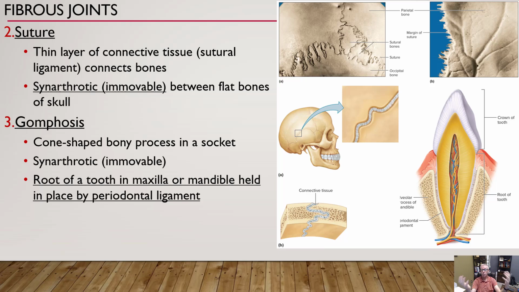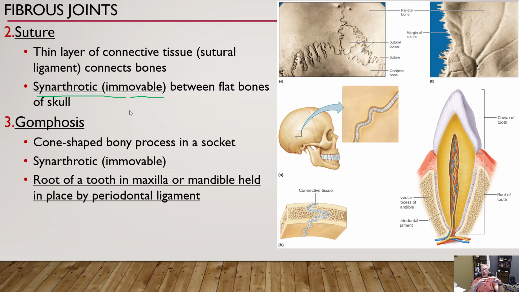So when baby is born, these suture joints are not fully closed up. They are not synarthrotic joints. They are actually slightly movable when baby is born because we have to allow for baby's head to grow.